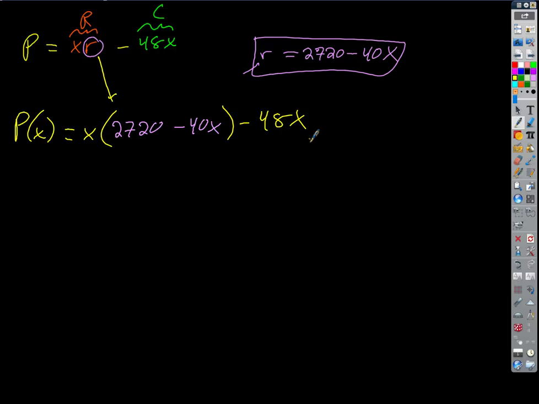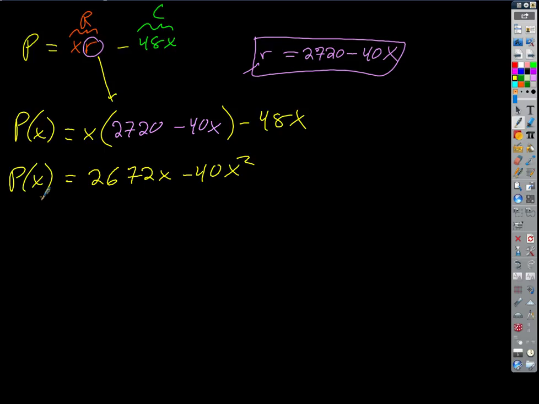So what's that give us? 2720 minus 48 is 2672. Okay, so there's p of x.